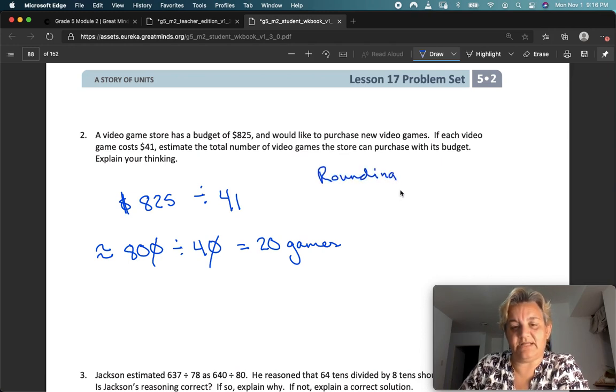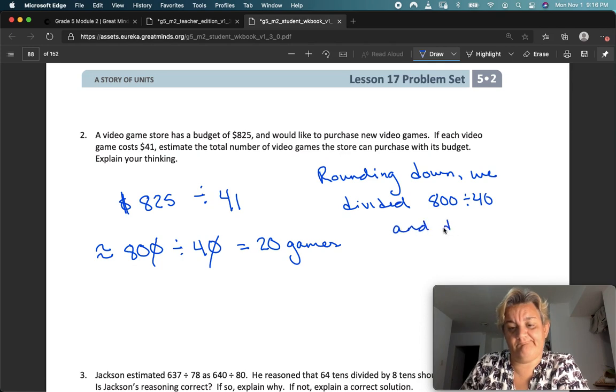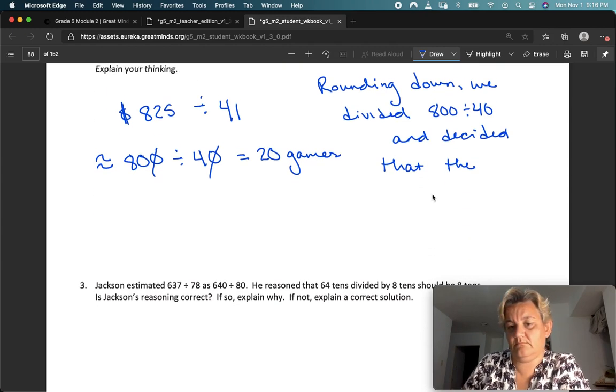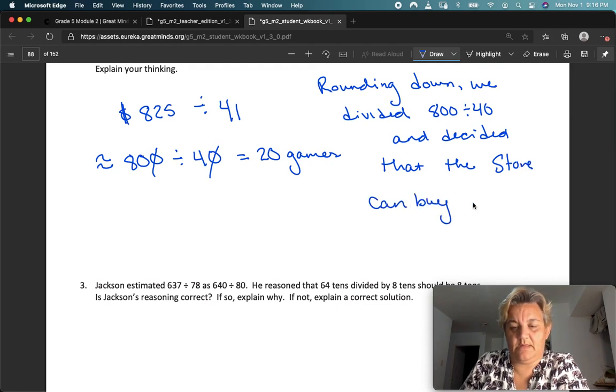Rounding down is always a good idea when you're talking about money. About means estimate, right? 20 games.